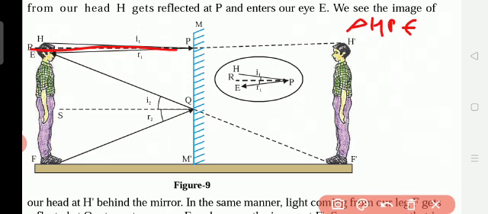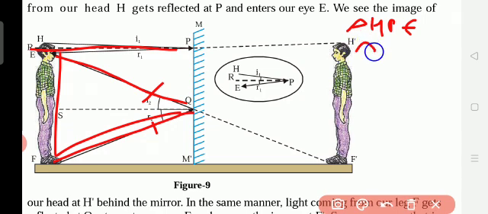So triangle HPE. And the next one is what? Half of the image, again from the eyes to here. I means incident ray, R is the reflected ray. So triangle EQF. Here, according to the laws of reflection, the incident angle is equal to the reflected angle.